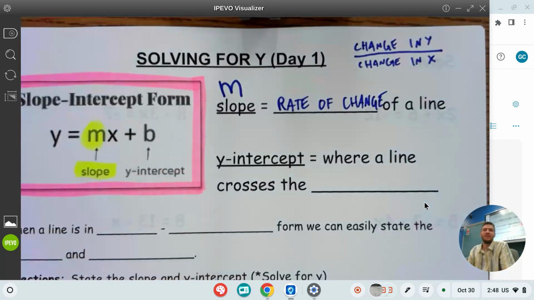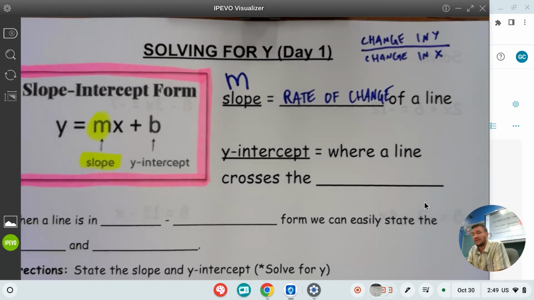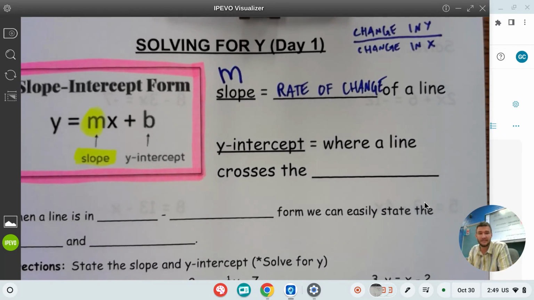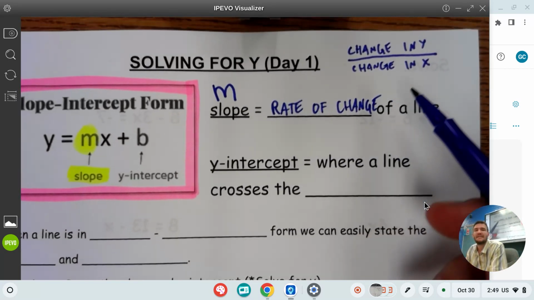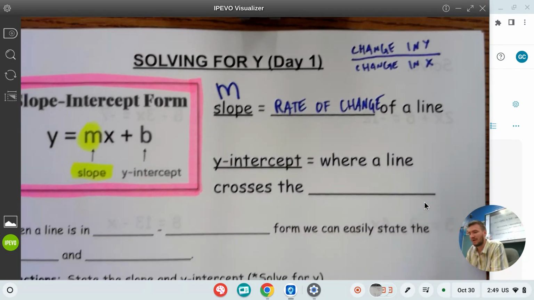When it comes to real life, when we're talking about fractions, a lot of times we're talking about rates, like interest rates on your car or on your house, or the rate of growth for your money in the bank, or the rate that you're just growing in your height as you grow up, okay? Rates a lot of times means fractions and change. So slope is the rate of change.